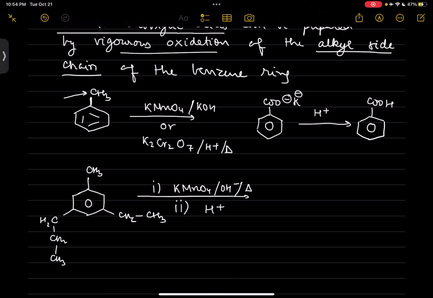So whatever the number of carbon atoms you have, the side chain will get completely broken down to what? It will get broken down to carboxylic acid, right? So what is the IUPAC name of the product, Aisha?